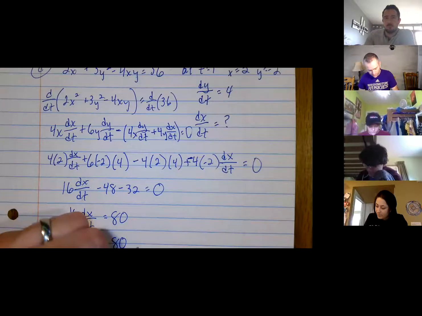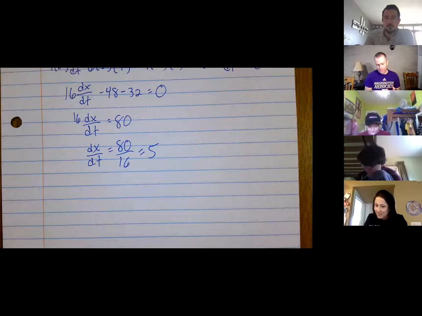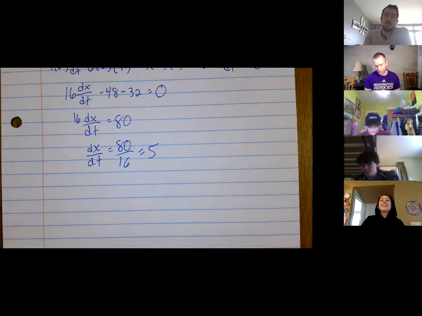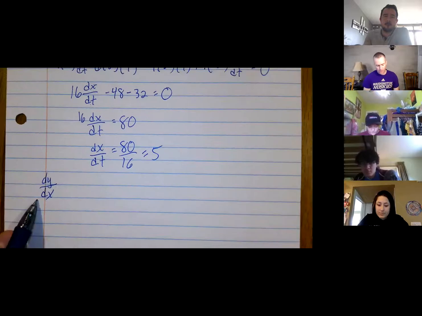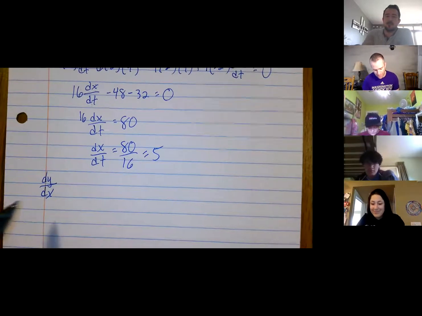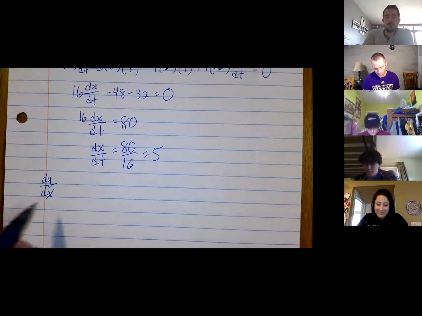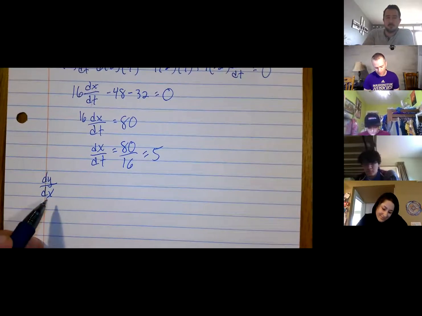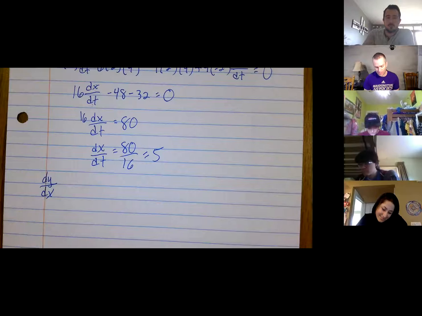Okay, now another way that you would do it, all right, is to recognize that we want to solve for dx dt, right? So if I had dy dx, all right, how would I get to dx dt? Well, dy dx would be finding that derivative, but you'd have to actually have the chain rule involved.